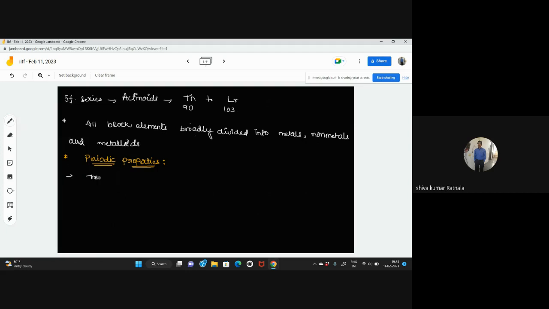The properties which show regular gradation.